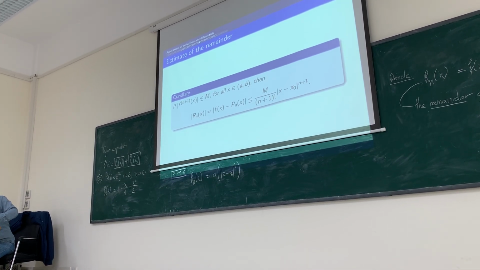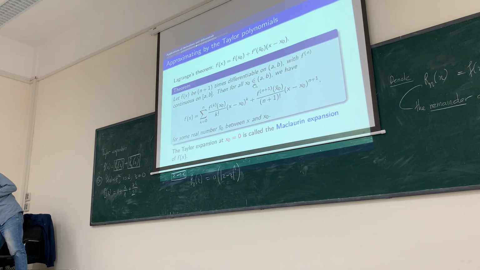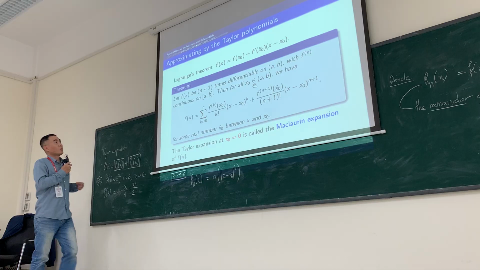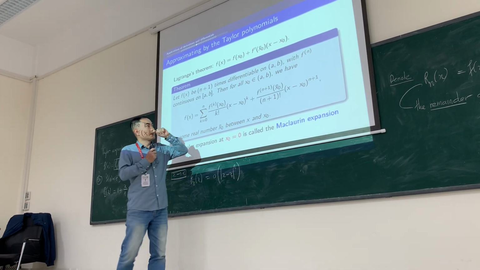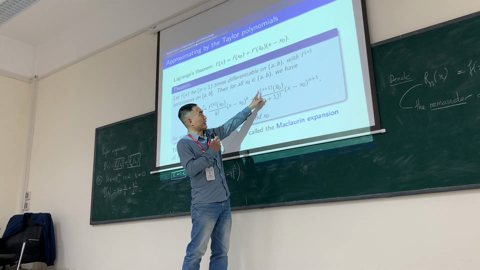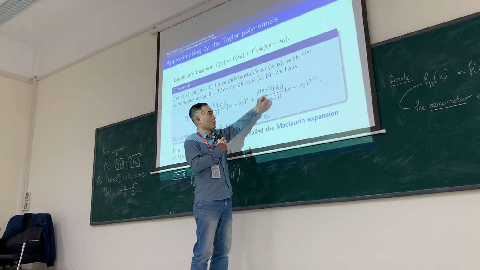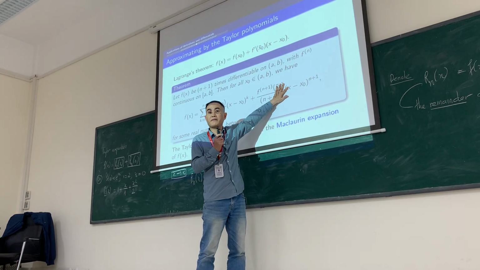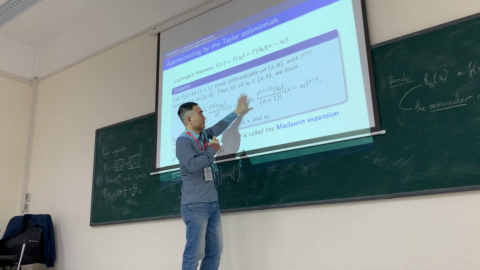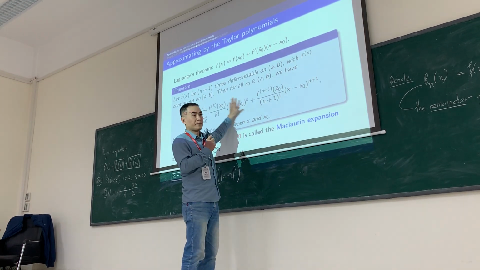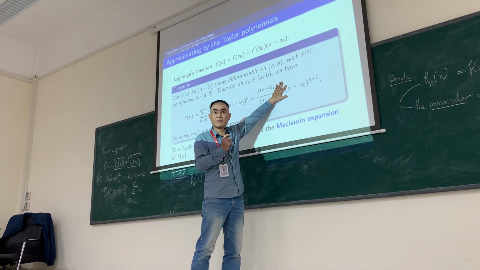Okay. Now, we return to the term here. If the n plus 1 derivative of f is bounded on (a, b), we have the remainder here infinitesimal. Based on the term here, when x tends to x0, the value here tends to 0.